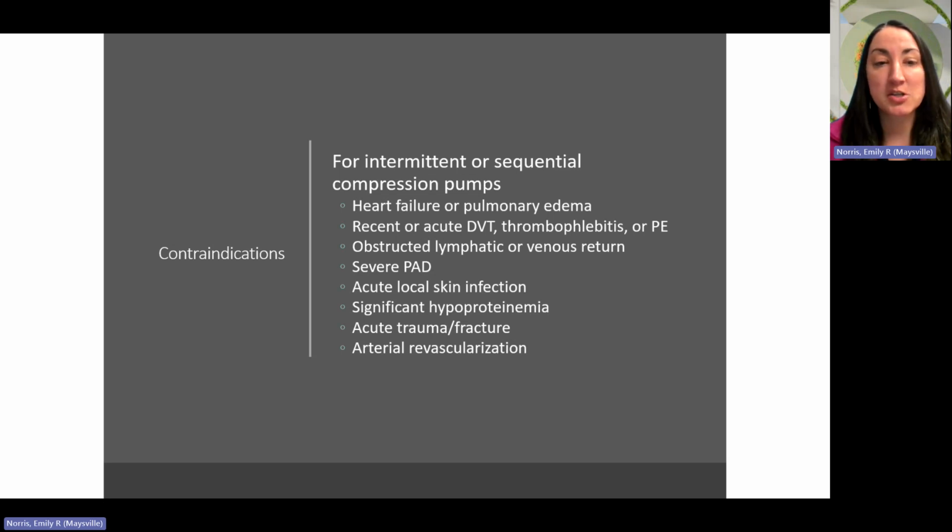Acute local skin infection. Significant hypoproteinemia, so low protein amounts in the blood, then you would not use it. If they have an acute trauma or a fracture in the area, of course, you don't want anything over that area squeezing. And then arterial revascularization, you don't want to damage little blood vessels that are just forming after some damage.